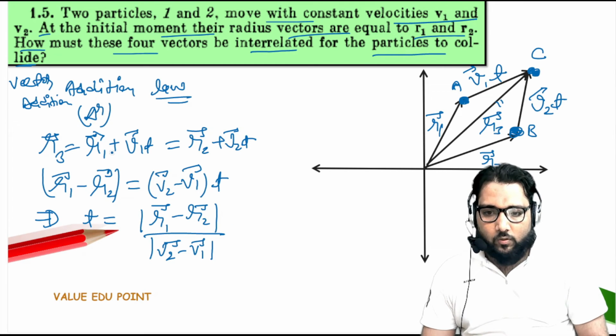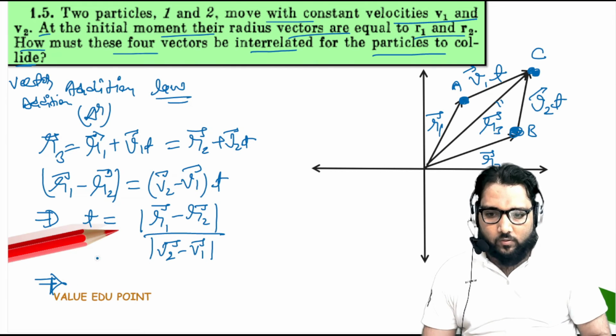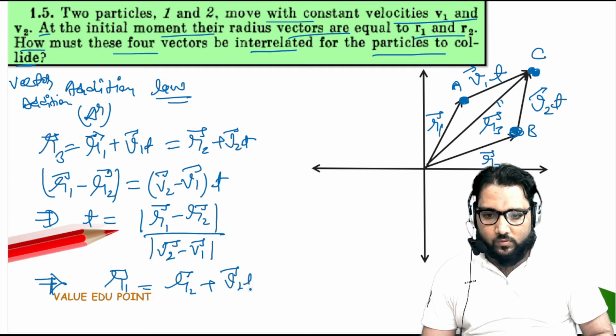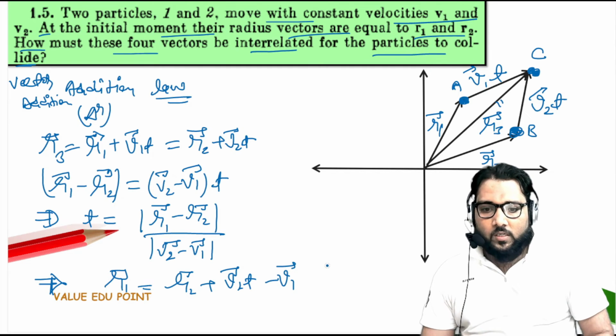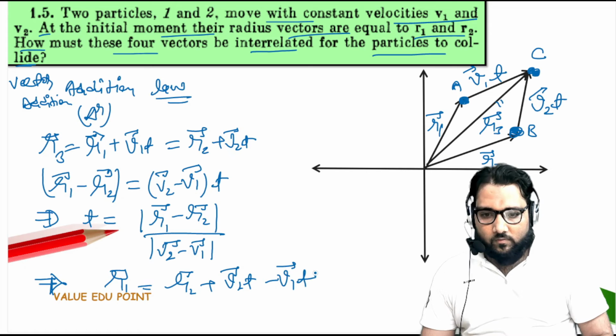Is it okay, guys? Now again in this portion, I can write the r1 vector equals r2 plus v2 t vector minus v1 t vector.